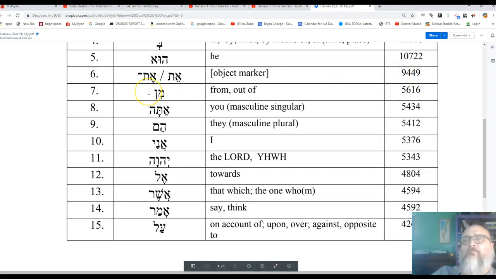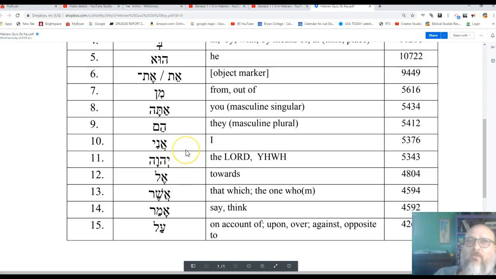Men is from. Atah is you, masculine singular. Haim is they, masculine plural. Ani is I. YHWH is the word spelled out Lord in all capitals. El is to.